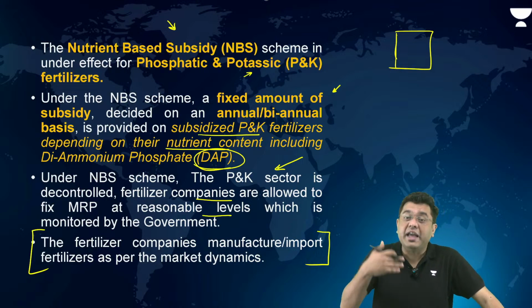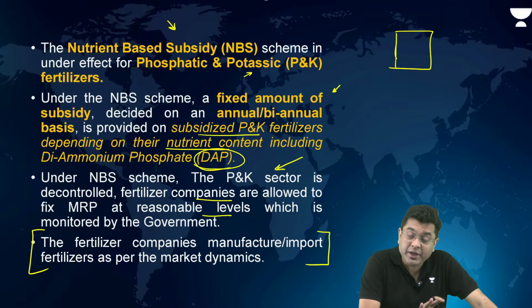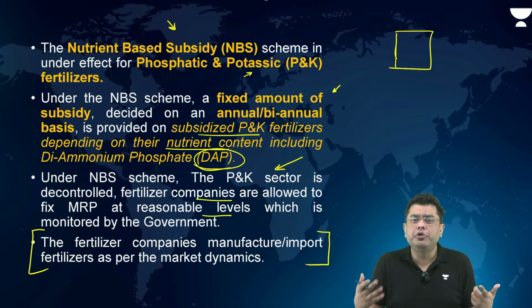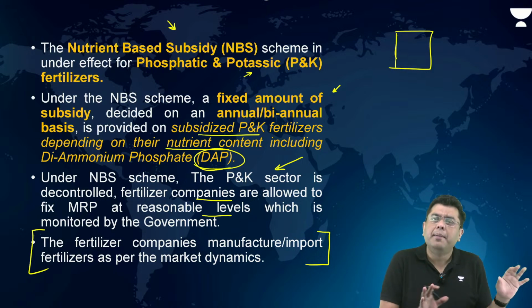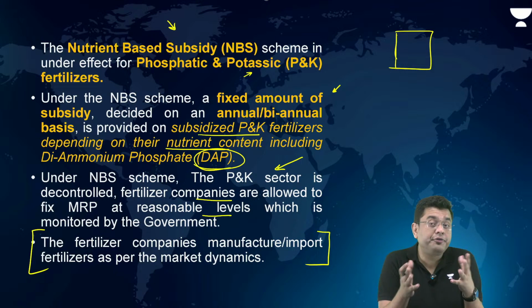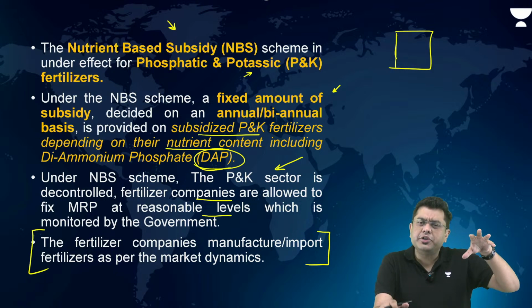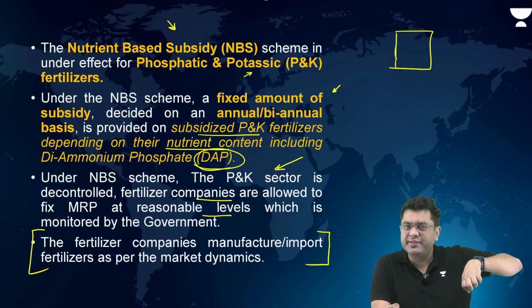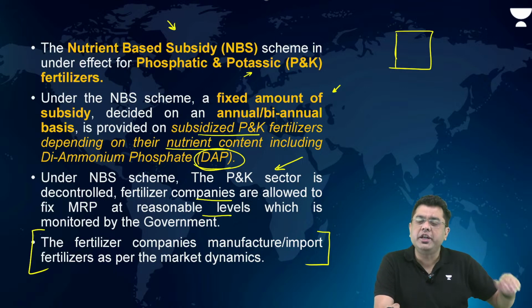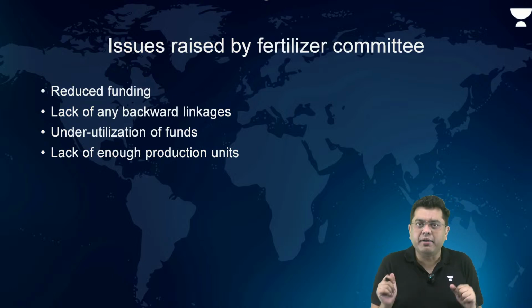Till now, sadly, we have not been able to ensure fertilizer self-sufficiency, because when we talk about phosphate or, let's suppose, potash, these are not very readily available. Phosphate in particular is something which is not very common across various areas of the globe. So they need to be imported, and their supply chain needs to be ensured and made reliable.